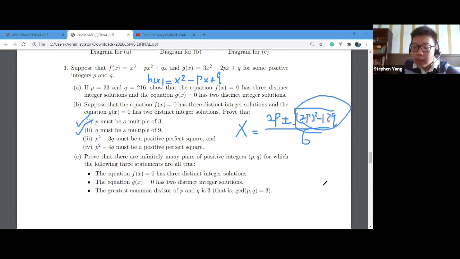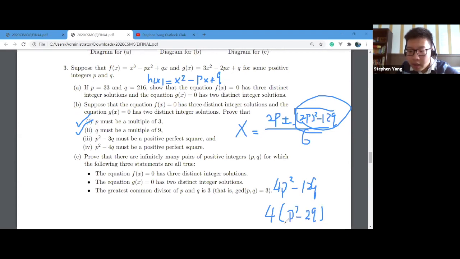So this part right here must be a perfect square, which means 4p squared minus 12q is a perfect square. And that is equal to 4 times p squared minus 3q. Since this is a perfect square, this must also be a perfect square, which means p squared minus 3q has to be a perfect square. So part 3 is proved.